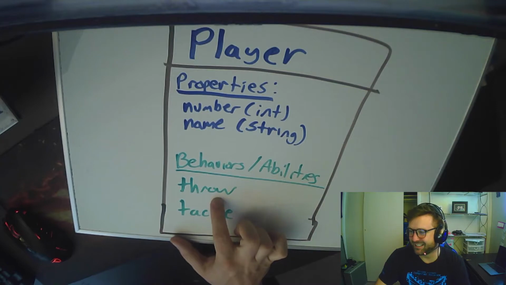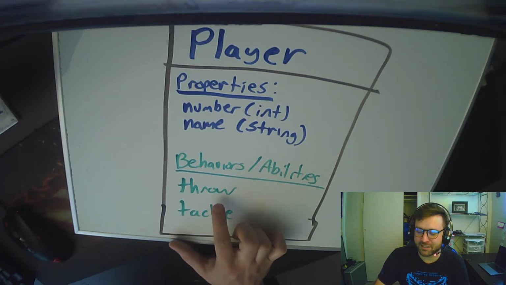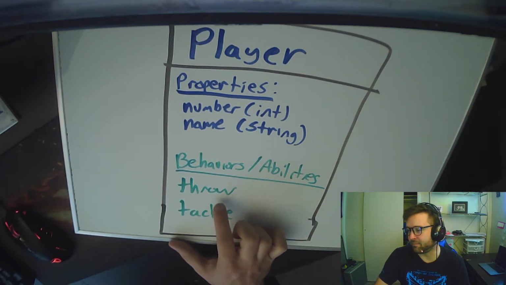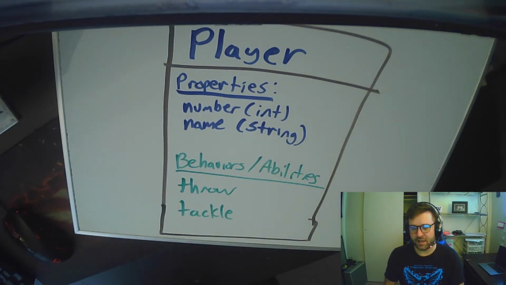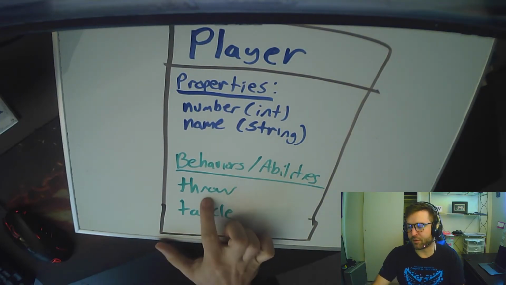This is my static check about whether or not I'm going to do static or not static. Yes, a player must exist in order for the player to throw the ball. This is another test to see if this behavior is a static behavior or a non-static behavior. If you need an instance of the object, like if you actually need a real player to do the throwing, then that is not a static situation.